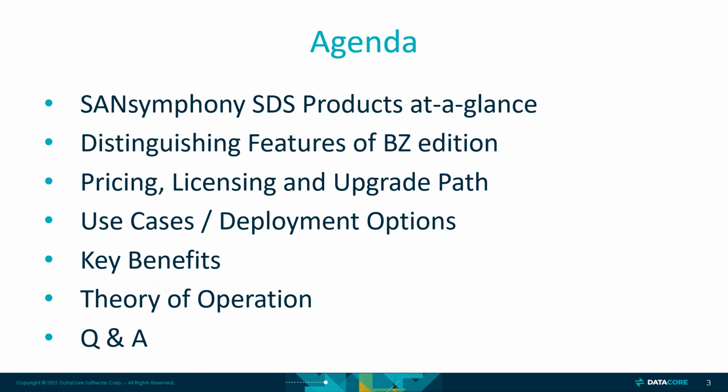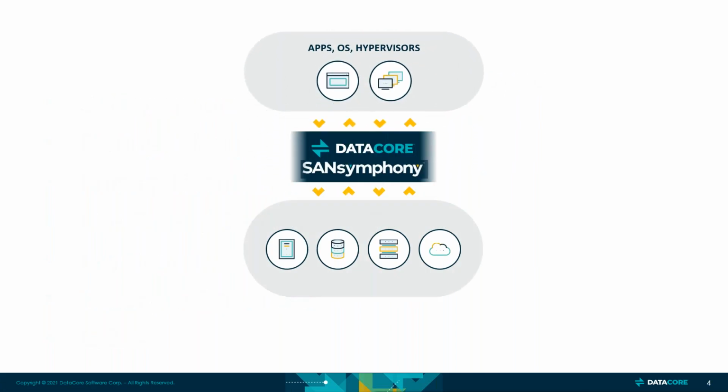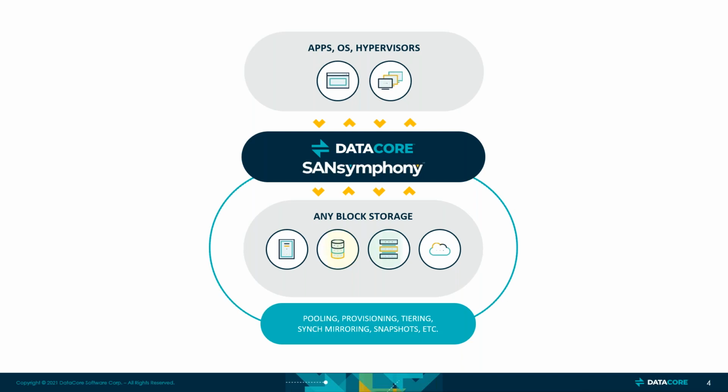The SANsymphony software, in effect, operates as a layer. Think of it as a set of virtualization and software-defined storage content that sits between the applications, the operating system, hypervisors, and the block storage underneath.